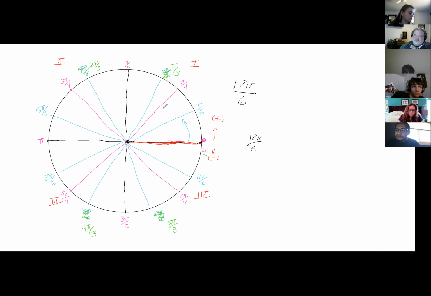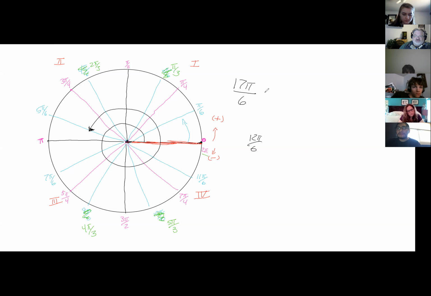Or we could count them 1, 2, 3, 4, 5, 6, 7, 8, 9, 10, 11, 12. And then 13, 14, 15, 16, 17. So 17 pi over 6 is a full rotation, the 12, and then another 5. So 17 pi over 6 lands in the same place as 5 pi over 6.